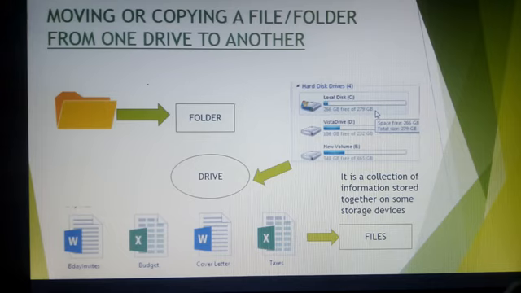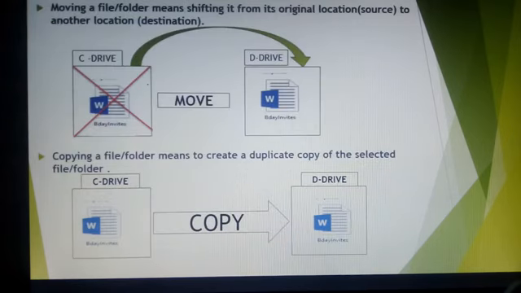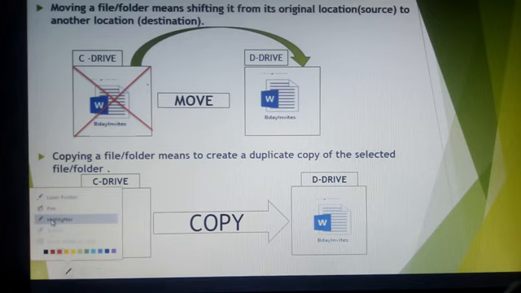Now how to move a file or folder from one drive to another drive? Let's see. Moving a file or folder means shifting it from its original location. What is the original location? Here the file is present. Now I am going to take a highlighter.